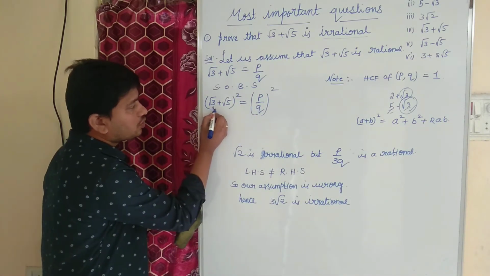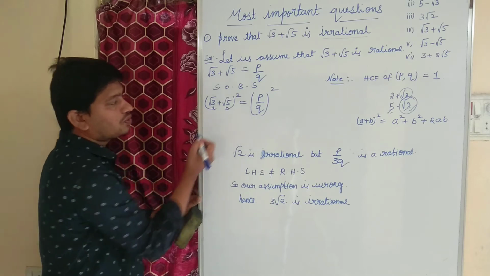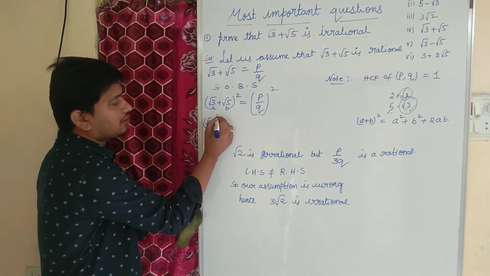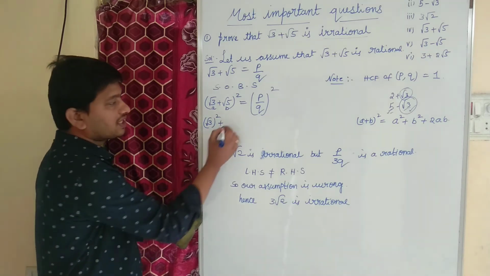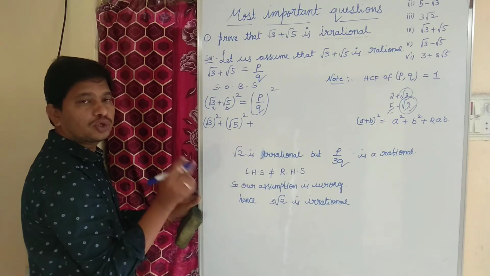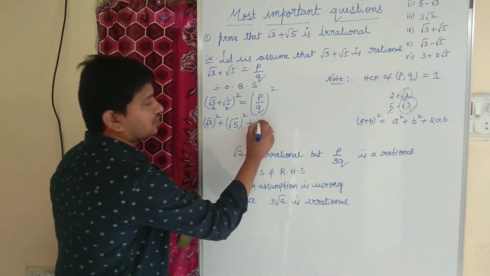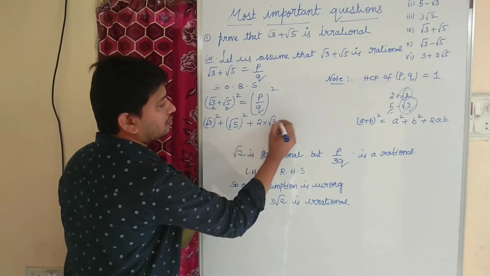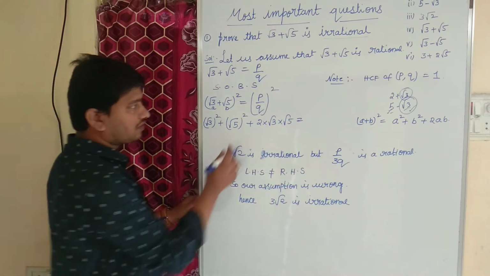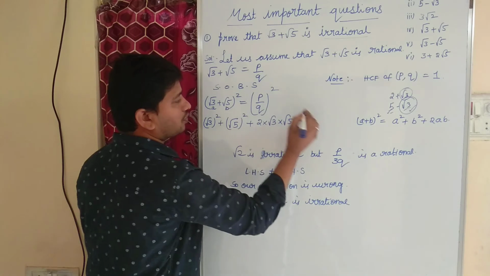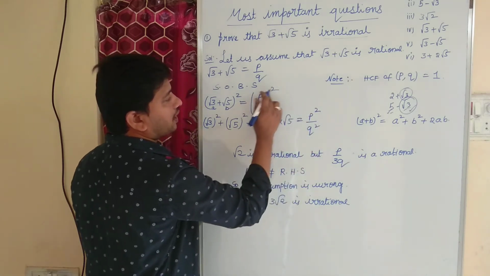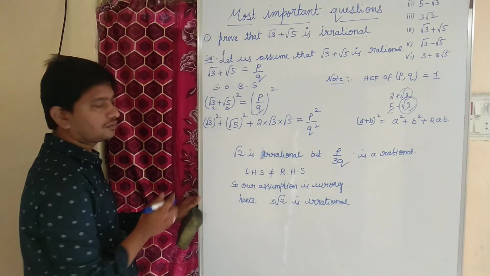Here a is root 3, b is root 5. a square, root 3 whole square, plus b square, root 5 whole square, plus 2ab, 2 into root 3 into root 5, equals p square by q square, because the square applies to the numerator as well as the denominator.